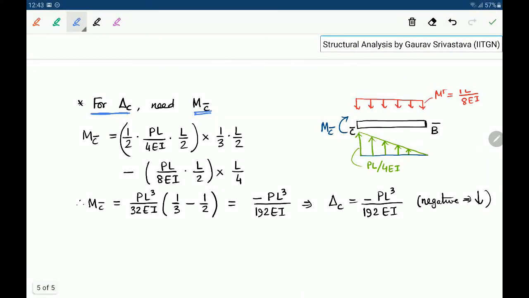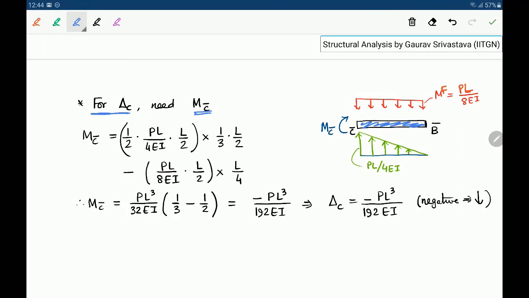Now we can draw the free body of, let's say, the C bar B bar portion of the conjugate beam. So there is an upward net force being applied in triangular shape, and there is a downward net force in terms of MF. But now we have calculated MF as PL by 8 EI, so that now can be directly applied.